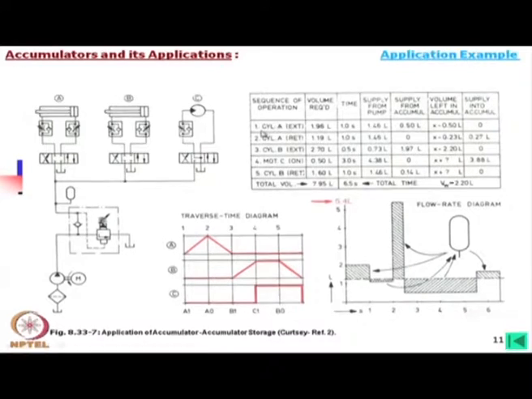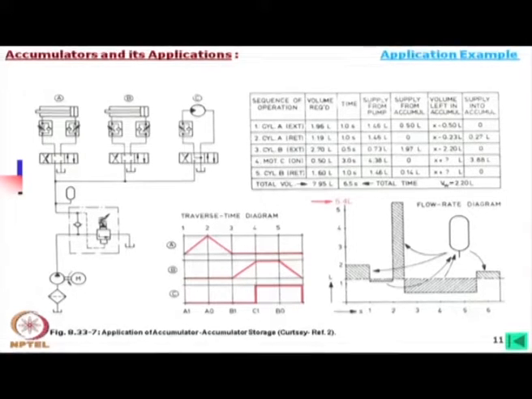Now, cylinder A we are extending, meaning this is going out, then definitely we will put the valve accordingly to operate this one. Volume required is 1.96 liter. You see, we have used this flow control valve, and this is the requirement, and it is required in 1 second. One second means this process is almost a 1.4 polytropic adiabatic process.